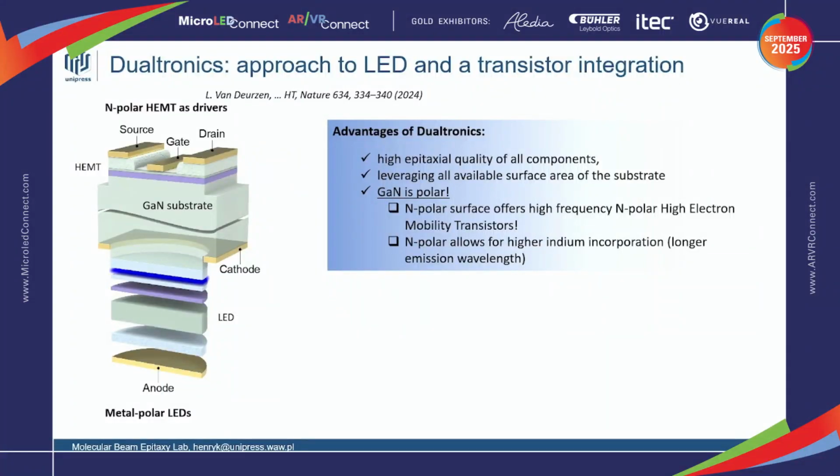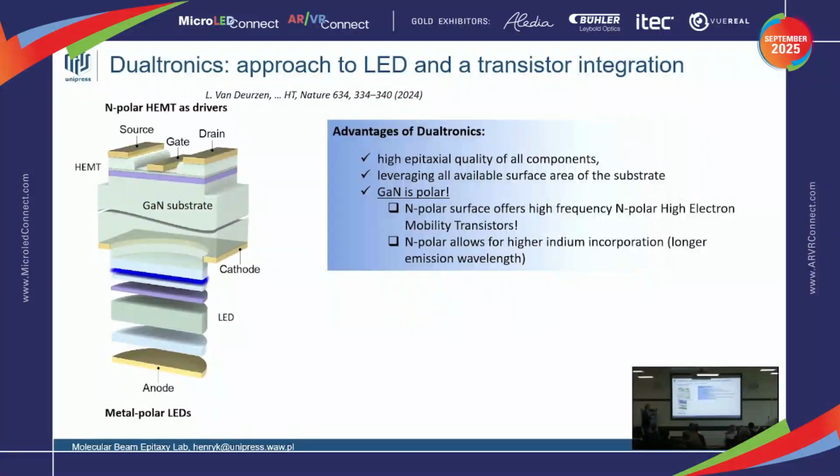Also, we are leveraging the fact that we can now use all the available surface, because we have twice the area by using both sides. But there's another extra point, which is really important for gallium nitride, and I guess people doing optics with gallium nitride forget about it pretty often: gallium nitride is polar. So working with the nitrogen polar side of a crystal, which is not that common in the community, actually brings you some advantages.